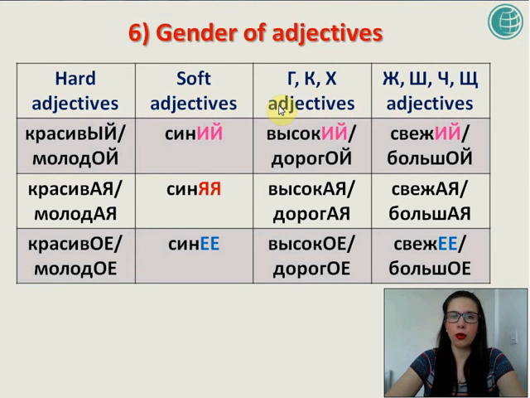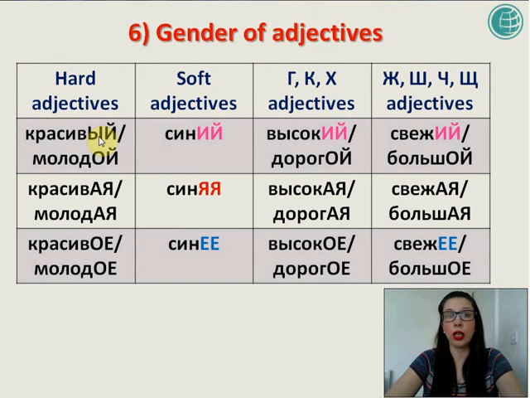And let's talk about this group. Adjectives which have letters г, к, х before the ending, and letters ж, ш, ч, щ before the ending. Why do we put them in a separate category? Because these adjectives will follow the Russian spelling rule number 1, saying that after these letters we cannot put the letter ы.